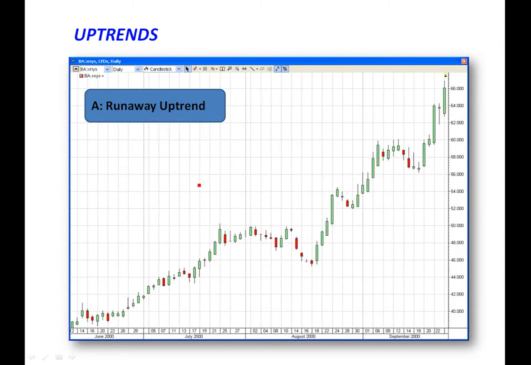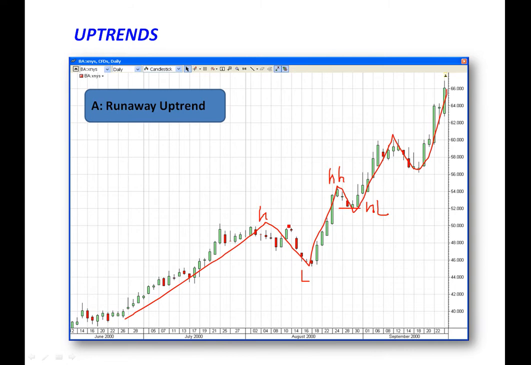Let's take a look at the runaway uptrend on this candle chart. The market went up, came down, went up, came down, went up, came down, and moves up again. You see the first high followed by a higher high, and then your first low and your higher low.